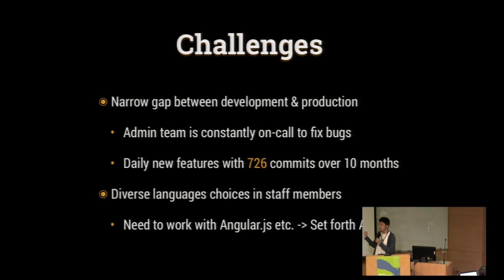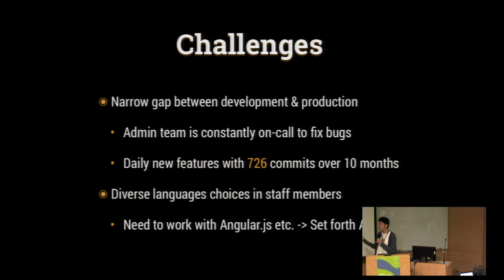We need to be on call to solve the website conflicts or errors or missing imports. And we have 726 commits over 10 months from last June to today. And we have daily new features pushed on the website, and each staff member is available to test them.